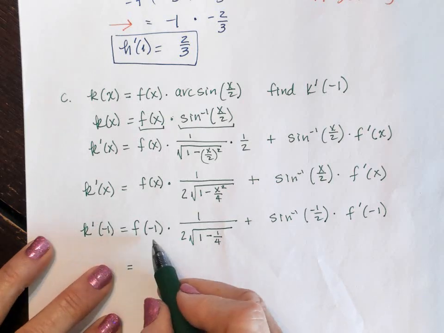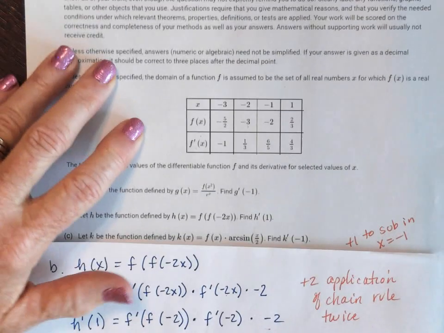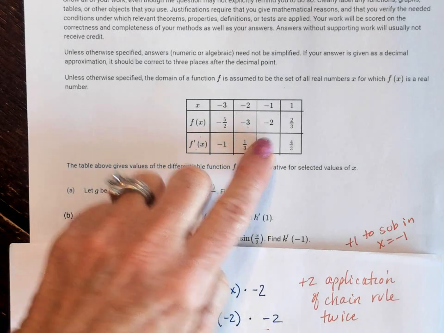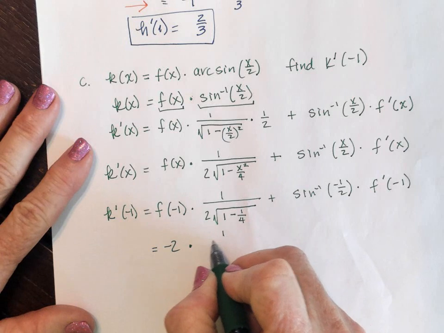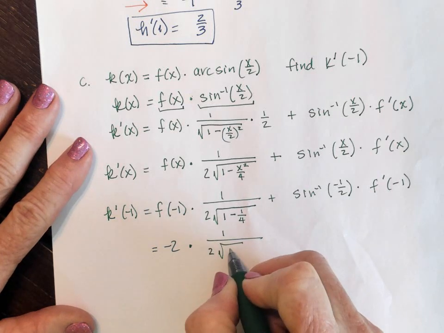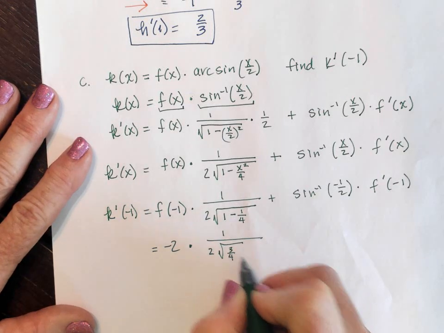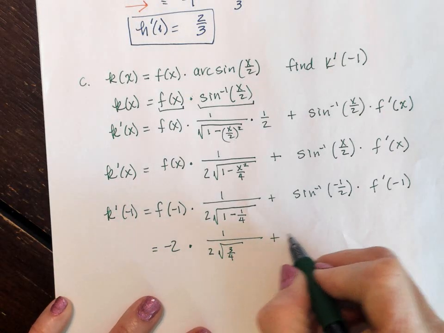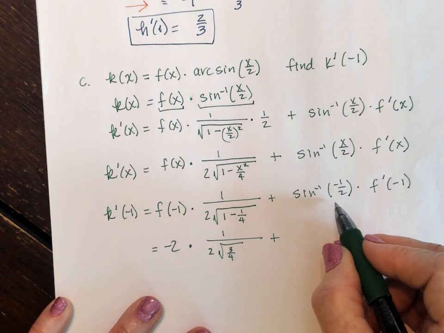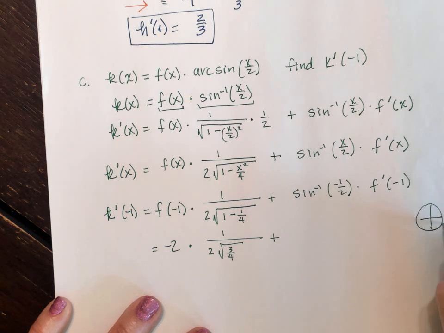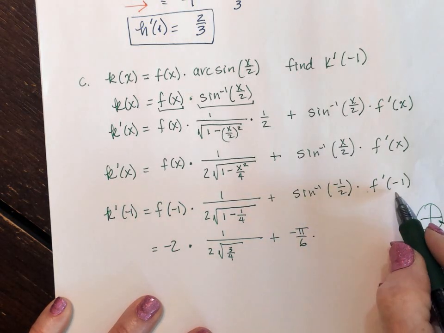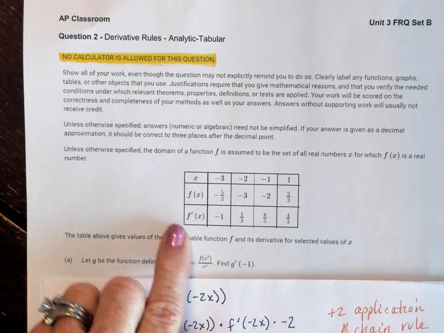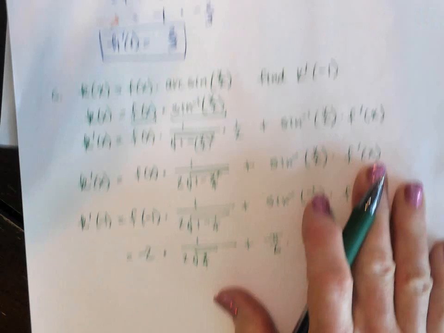Okay, let's see, f of negative 1, I got to go back to the table. F of negative 1 is negative 2. Negative 2 times 1 over 2 square root 1 minus a fourth is 3/4, plus inverse sine of negative 1/2 right there, and that's negative pi over 6, times f prime of negative 1, table, f prime of negative 1 is 6/5.